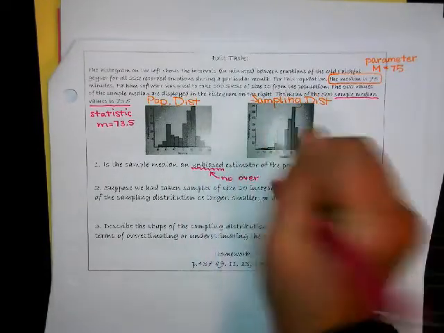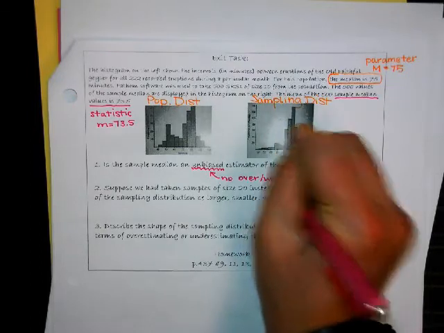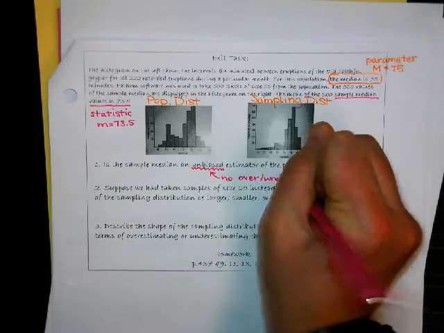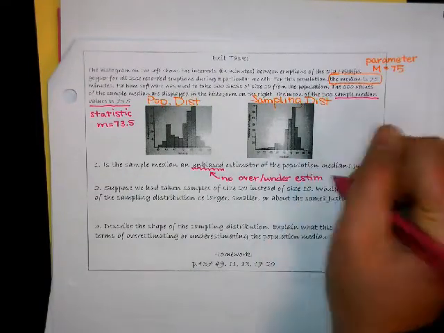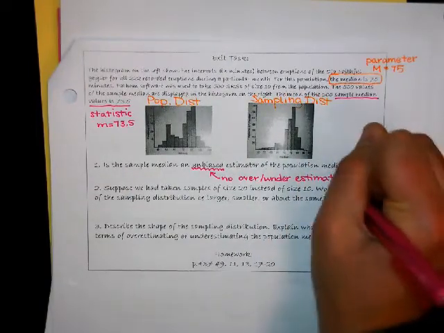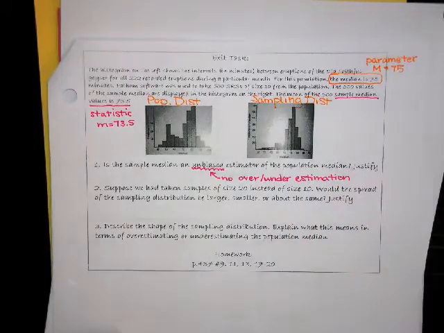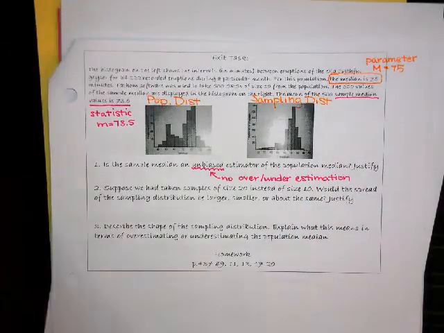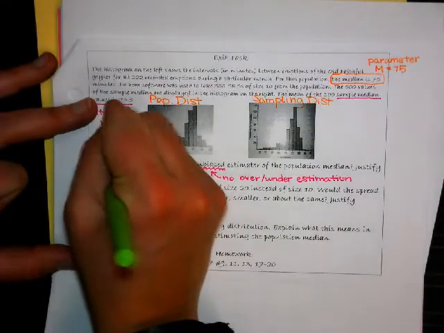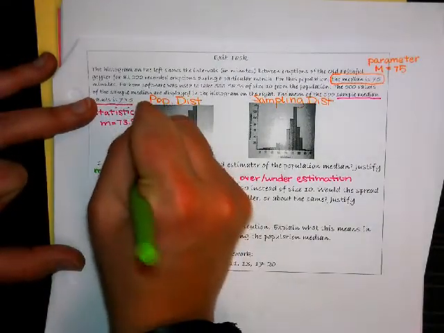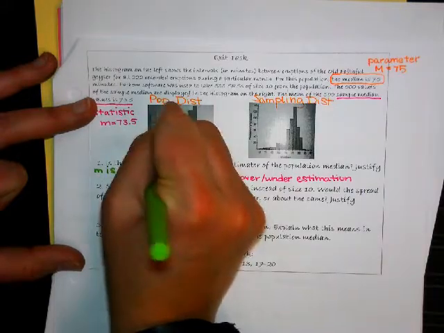So little m is a biased estimator of capital M because it underestimated.